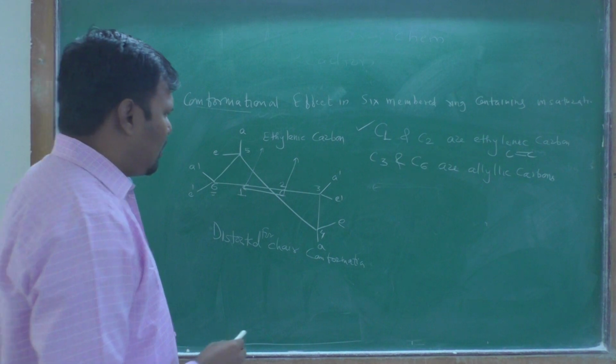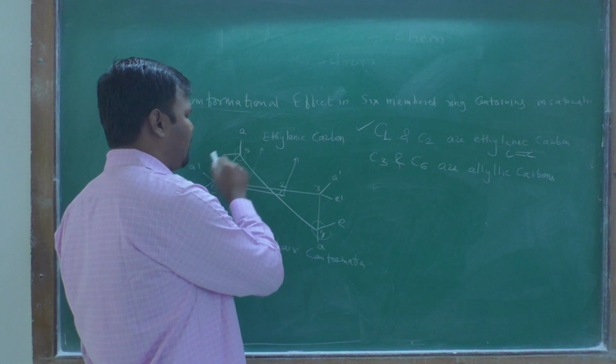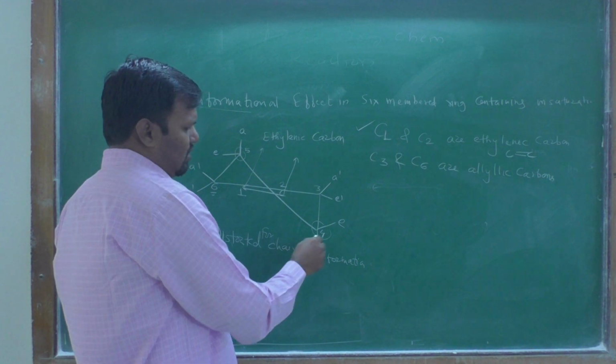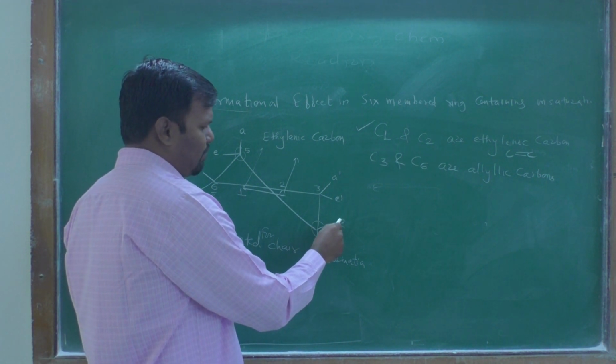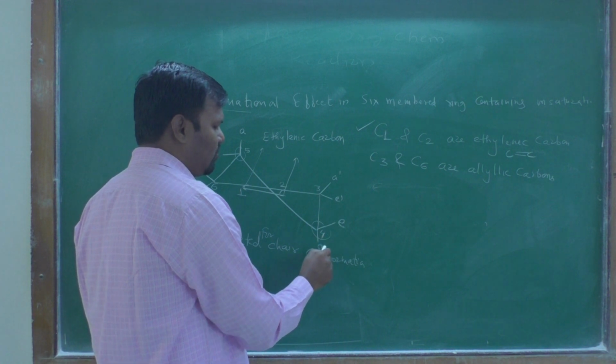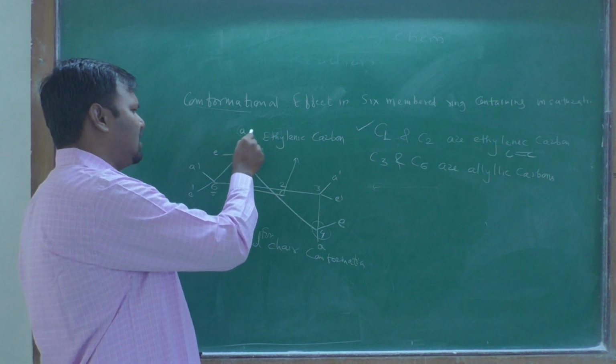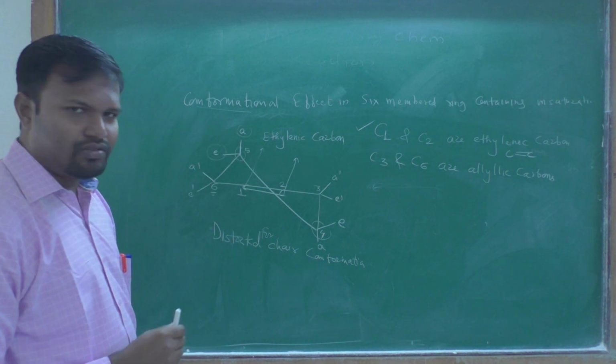Carbon number 4 and carbon number 5 have perfectly equatorial and normal axial hydrogens. At carbon 5 also there are normal axial and normal equatorial hydrogens.